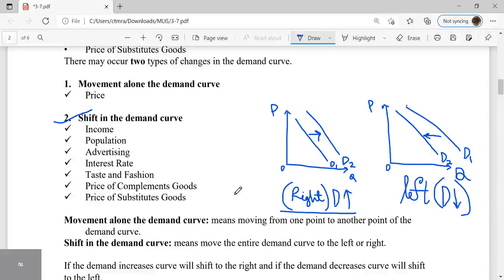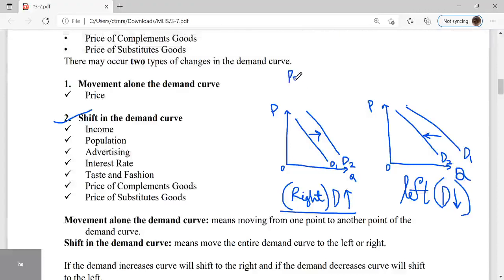If the price of fuel rises, what will happen to the demand for car? Let me write it here. Suppose price of fuel rises, what will happen to demand for car?